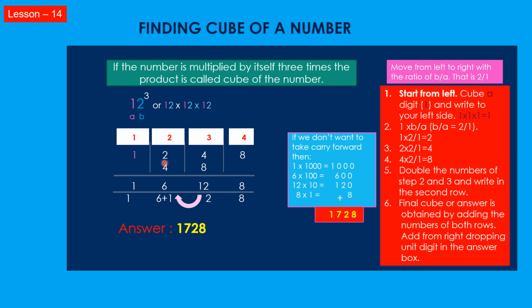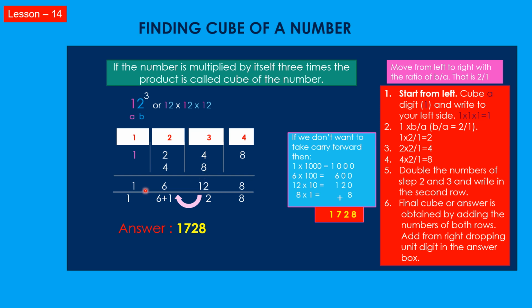After doing these four steps starting from the left, what you do next is double the numbers of step 2 and 3. In step 2 we have 2, we double it and get 4. In step 3 we have 4, double 4 and you get 8.